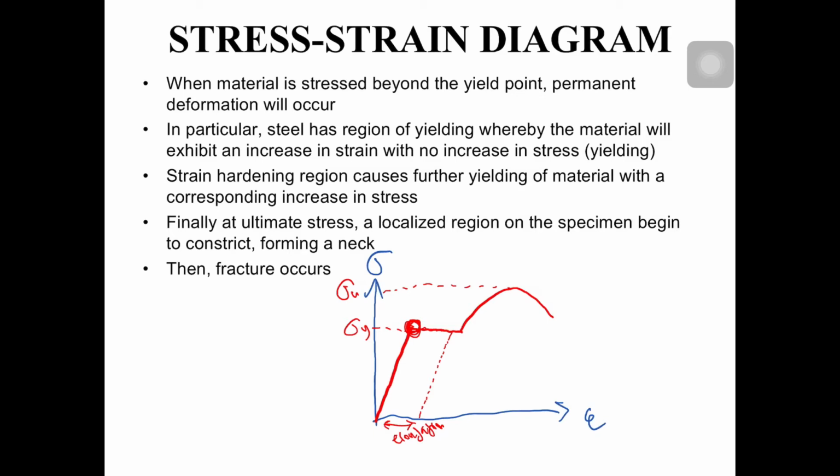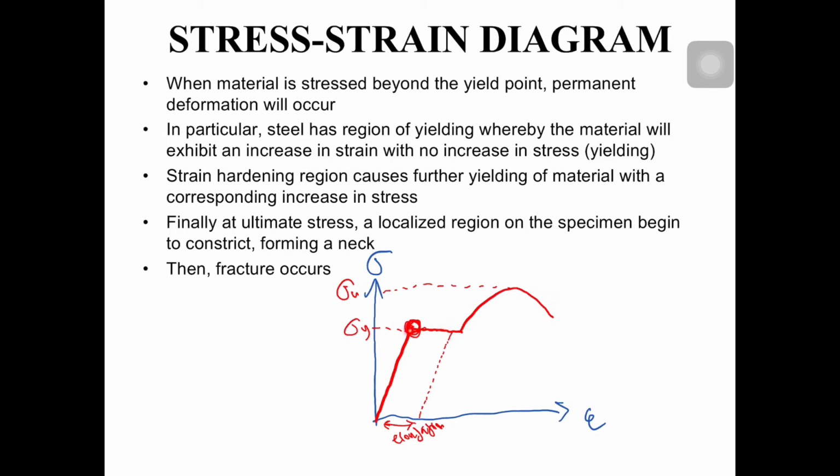Alright. In particular, steel has a region of yielding, whereby the material will exhibit an increase in strain with no increase in stress. Okay, that means steel has a region of yielding. The material will exhibit an increase in strain here, but the stress remains. This region is also called the region of yielding.